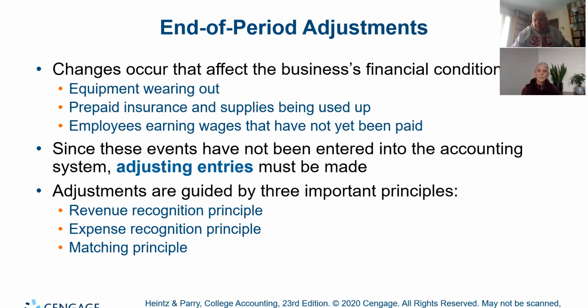The prepaid insurance. When you buy supplies to be used in the future, or an insurance policy to be used in the future, those are assets until you do what with them, Lori? Until you use them. Exactly right. Until you use those supplies or you enjoy insurance coverage.